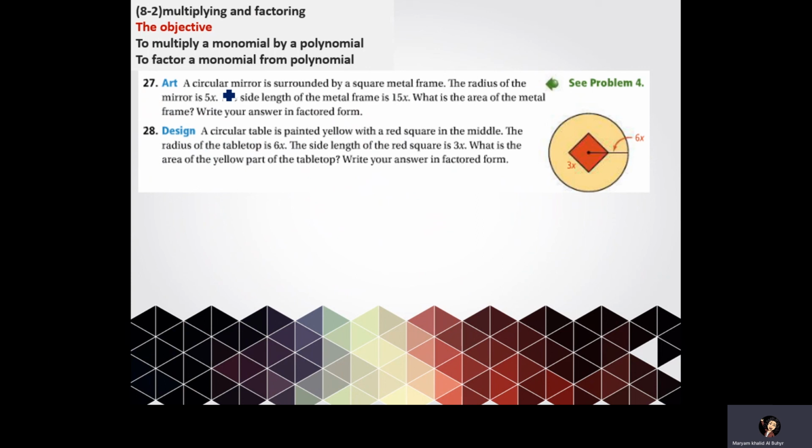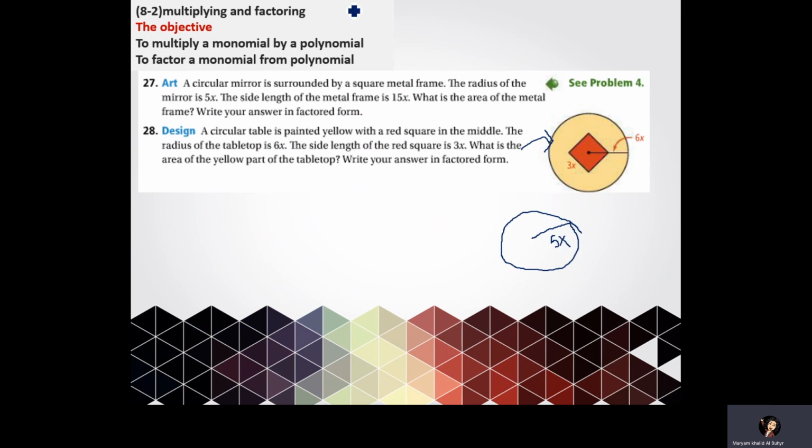Here you have a circular mirror surrounded by a square metal frame. The radius of the mirror is 5x, so this picture is for this one. Let's graph what we have here. If we have the circle mirror, I'm sorry for my drawing, and the radius is 5x.